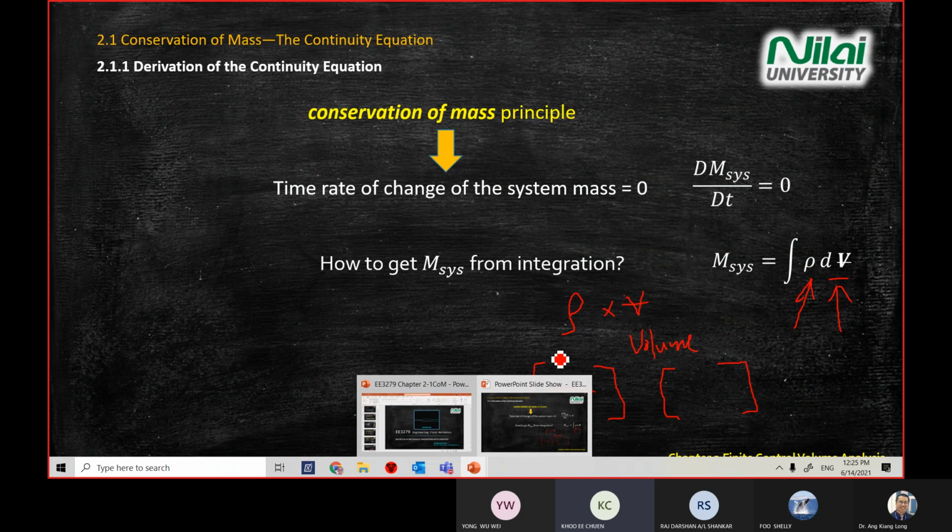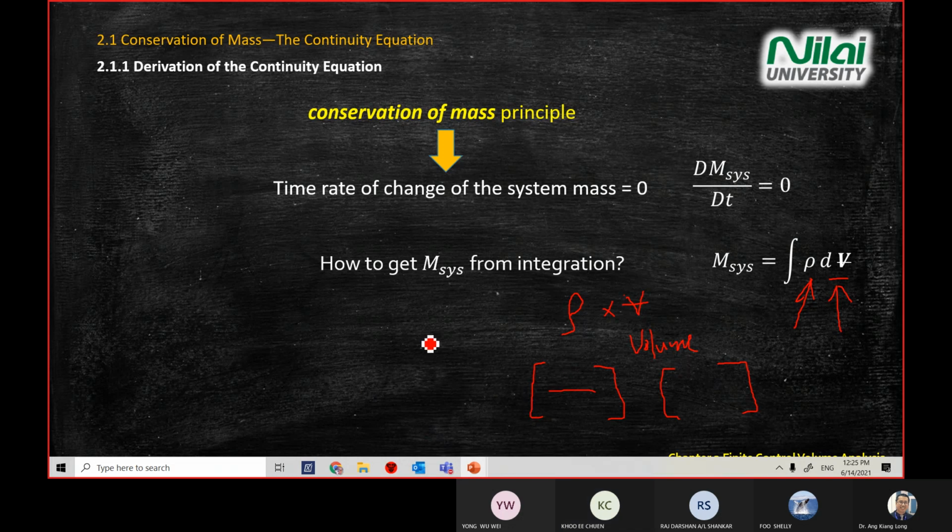What is a unit? For example, time. What is the time unit when you define time?